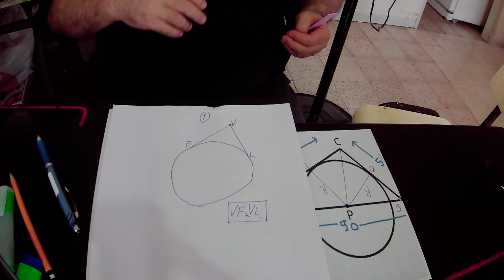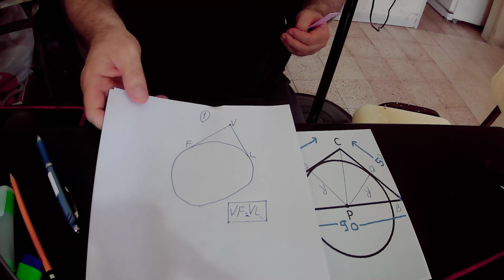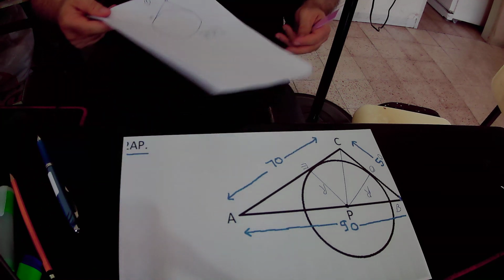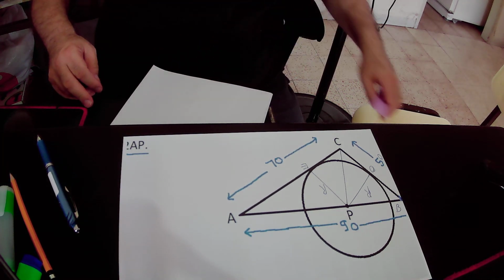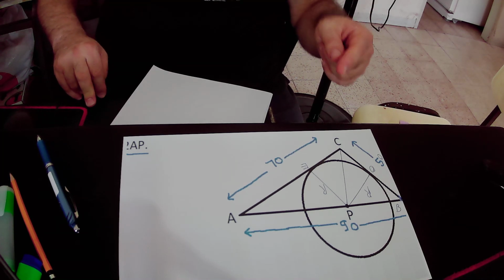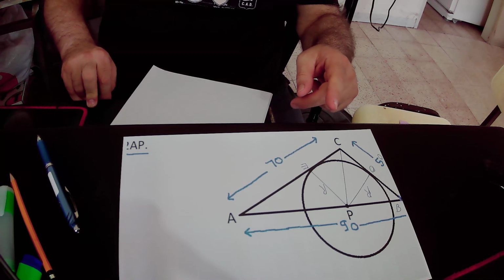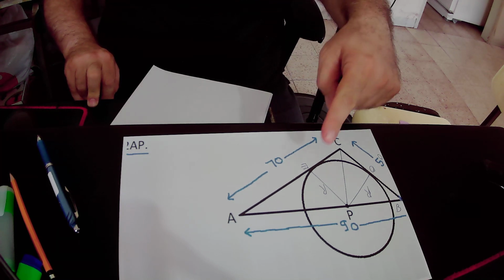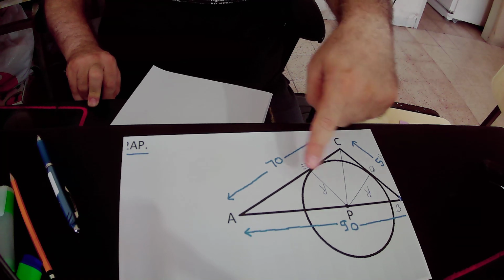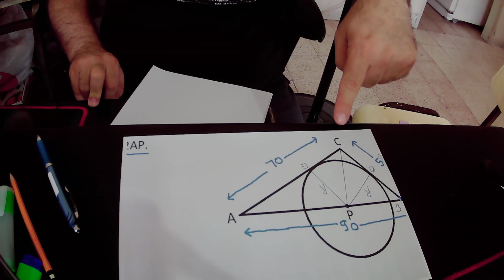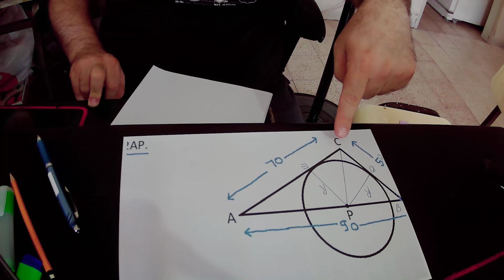So actually we can implement this rule in our circle because point C is a point that is external to the circle, because it is not inside the circle nor on the circle.